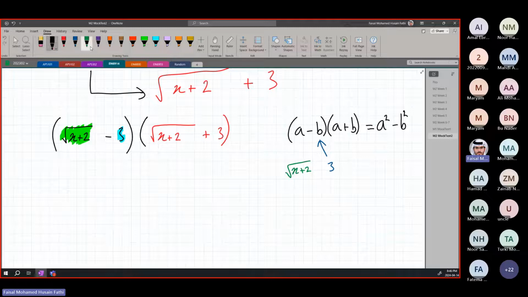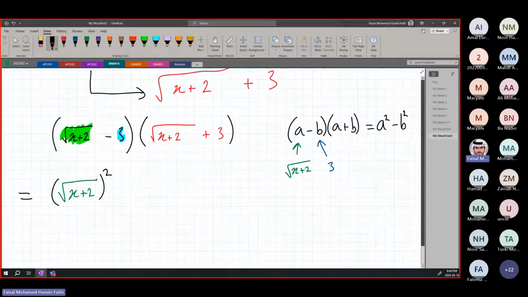Let's just simplify it now. If we apply this equation, what are we going to get? We're going to get a squared. What is our a again? Our a is the square root of x plus 2, squared. Remember, this is just equal to the top, the same equation that we're doing at the top, it's equal to the bottom part here: a squared minus b squared. What is our b value?